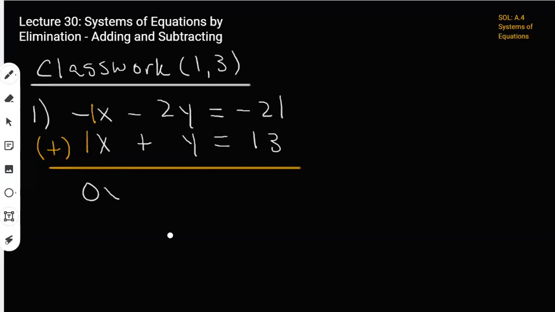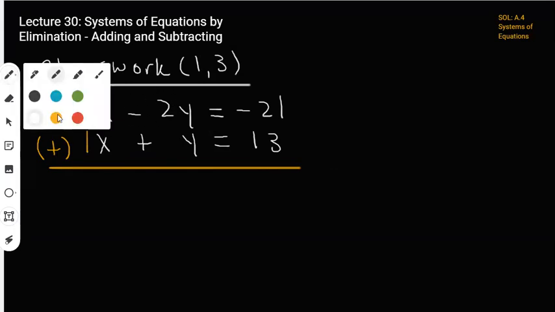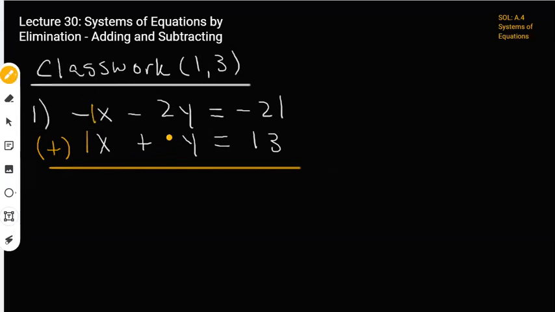So I'm going to erase that. Next, we move on to the y's. When I add the y's, I have a negative 2y on top, and I have a positive 1y on the bottom. So negative 2 plus 1 is going to give you negative 1y.